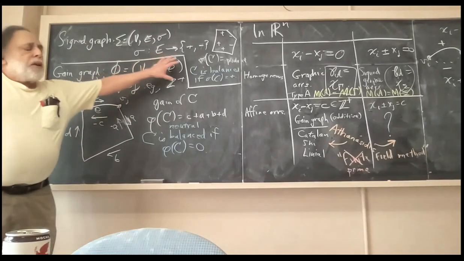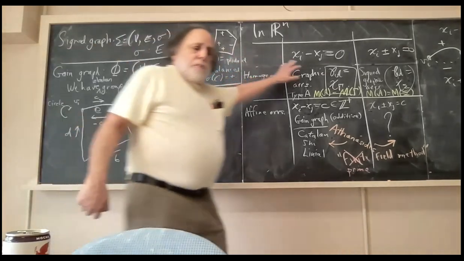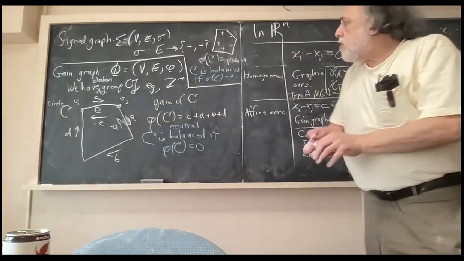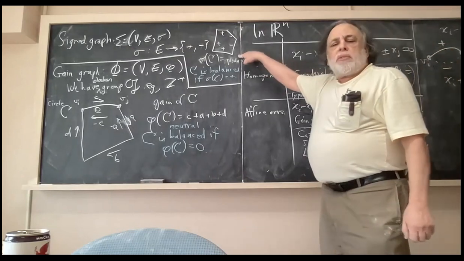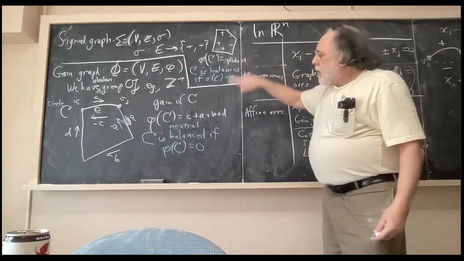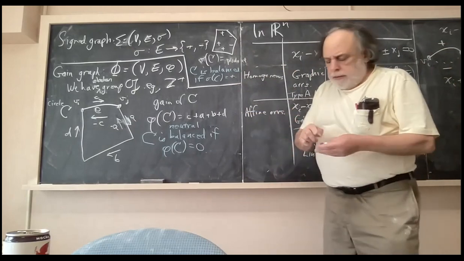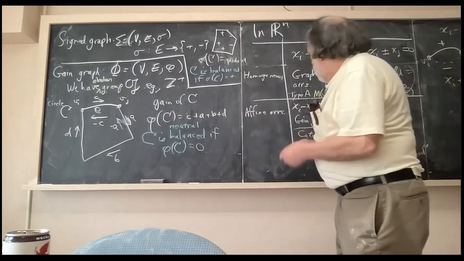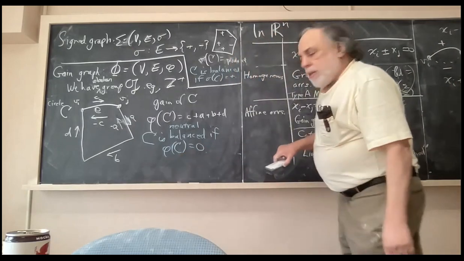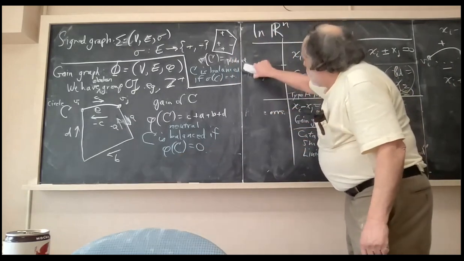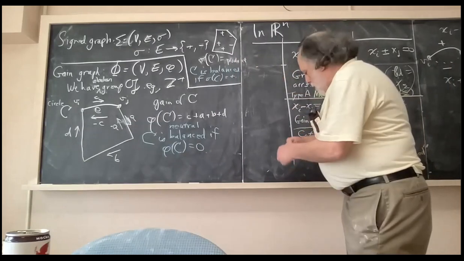This is where you get the connection with the arrangements of hyperplanes, because it turns out that there's a matroid for a sine graph, and more generally for a gain graph, where I will now have to make a little more space. Let's make a little space here.